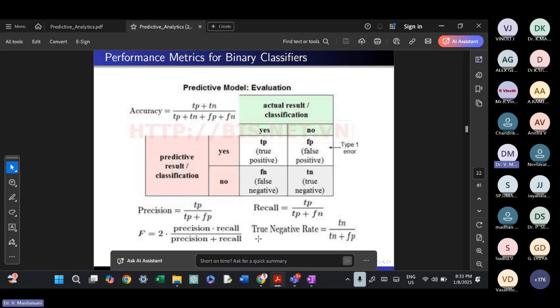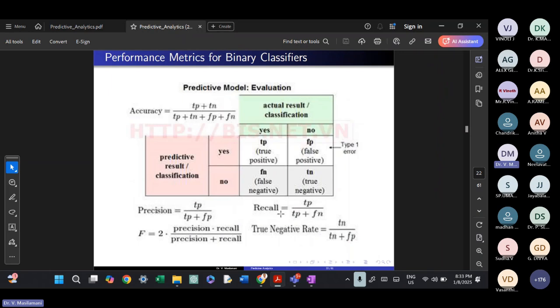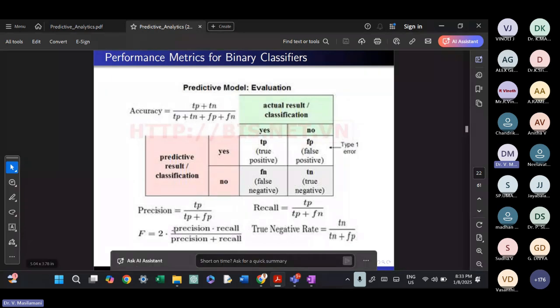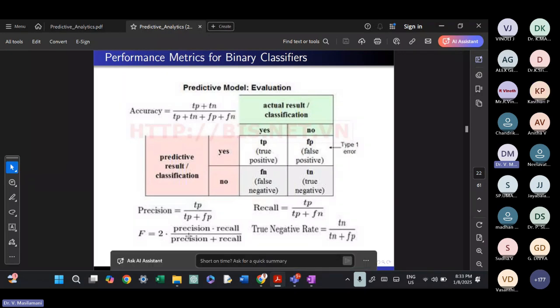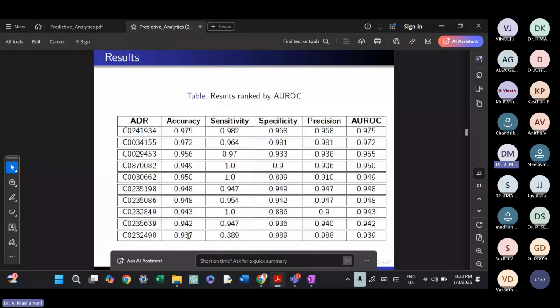Only once will I make a mistake. Although I'm not even looking at the input, I'm just saying negative, I am correct 99 times out of 100. The accuracy is 99%. Therefore, accuracy alone is not a good metric. We need to look at the recall also. And the F1 score is basically the harmonic mean of precision and recall. That is assumed to be a reasonable metric.